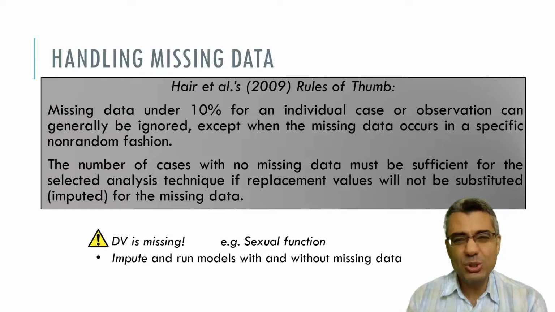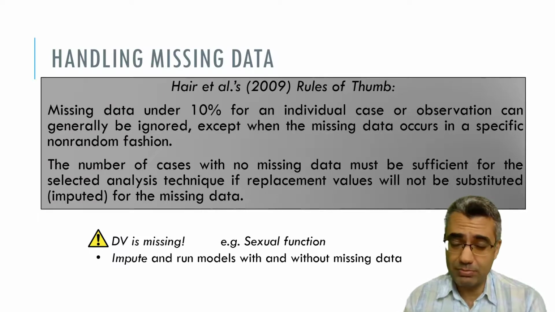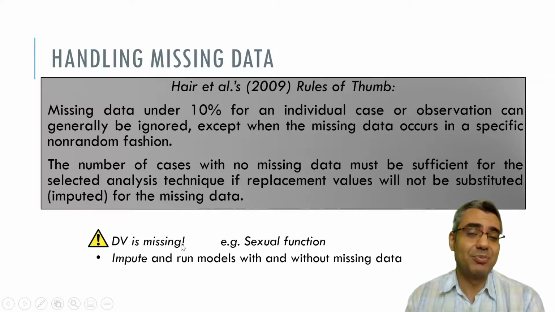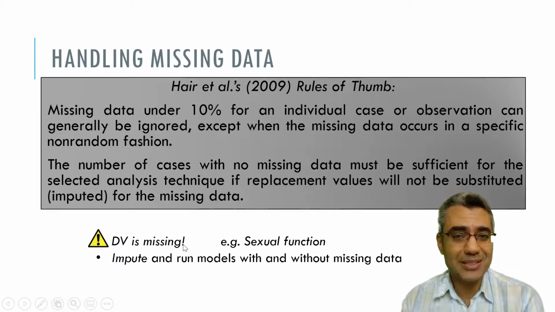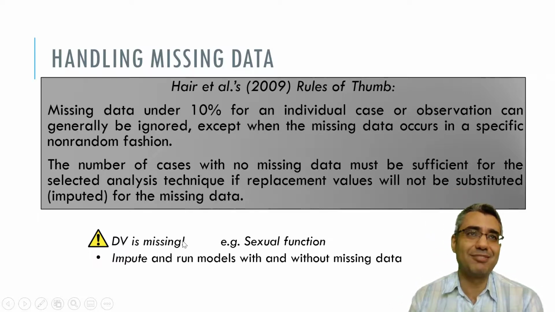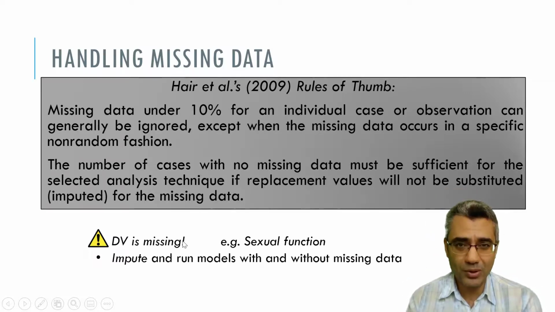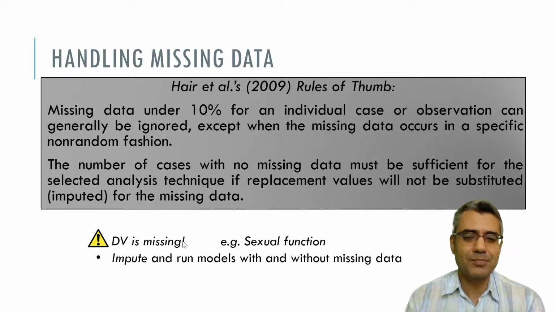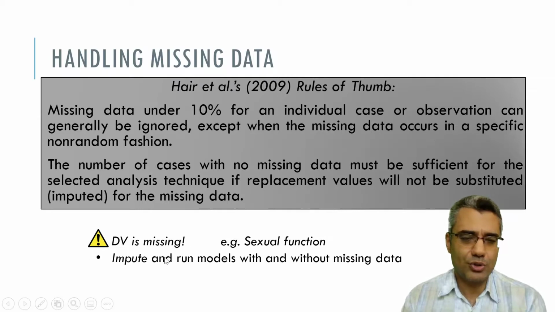So many of them may not answer this question. Then you will have many missing cases. And this is very problematic if this is your dependent variable. Why? Because the dependent variable is the most important variable in our model. This is the variable that we want to explain, we want to predict, right? It's the main concern of our study.